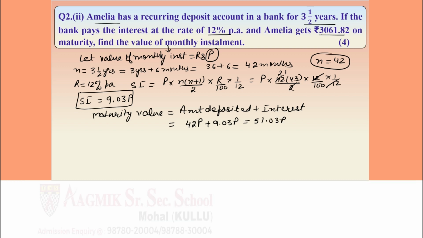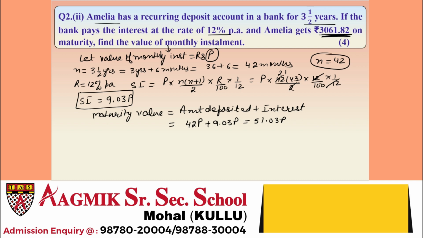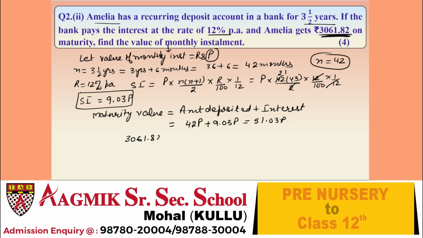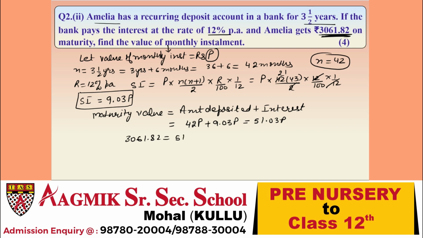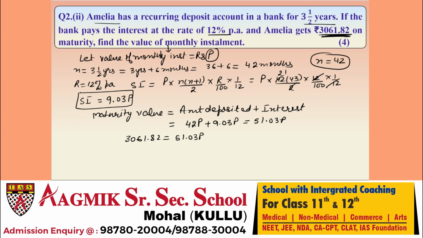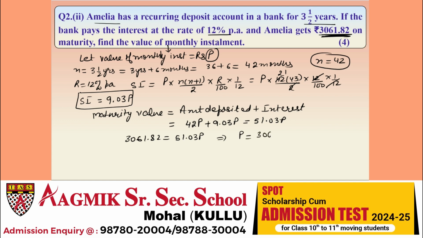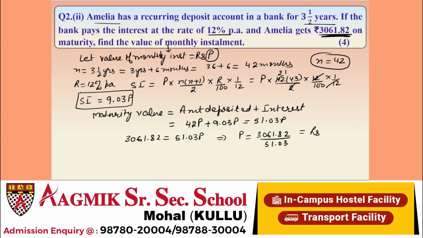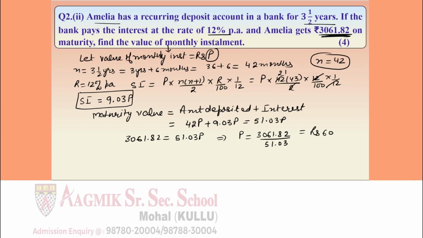Now maturity value is given to be 3061.82, so this is equal to 51.03P. On solving this, we get P, which is the monthly installment, that is 3061.82 divided by 51.03. So this will come out to be approximately rupees 60.